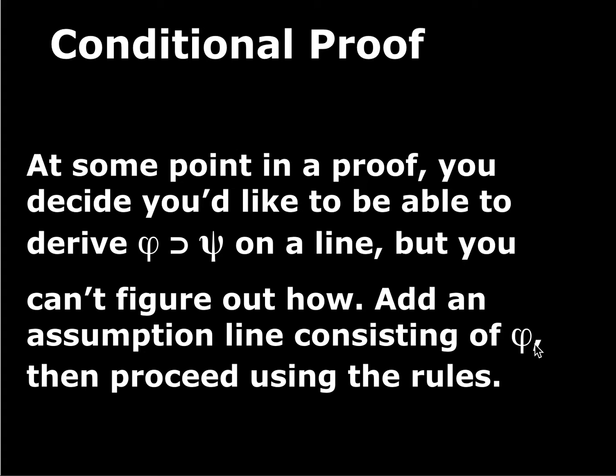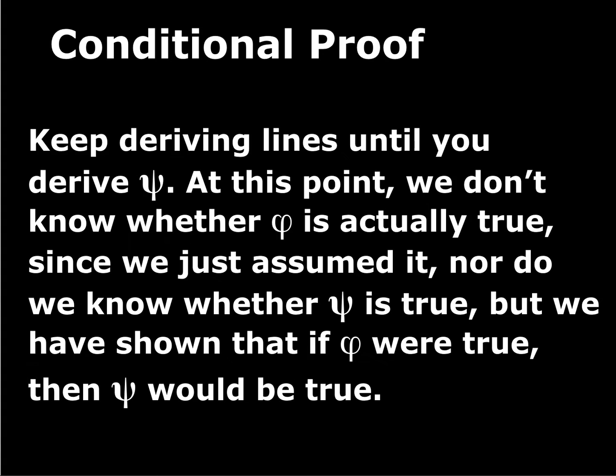Okay, so you've assumed phi. And then you proceed using the rules. But now your goal is to derive psi. You want to see if psi is true now. Now that you've pretended phi is true, is psi also going to be true? Now remember, at this point, we don't know if phi really is true or not. We're just pretending, okay?